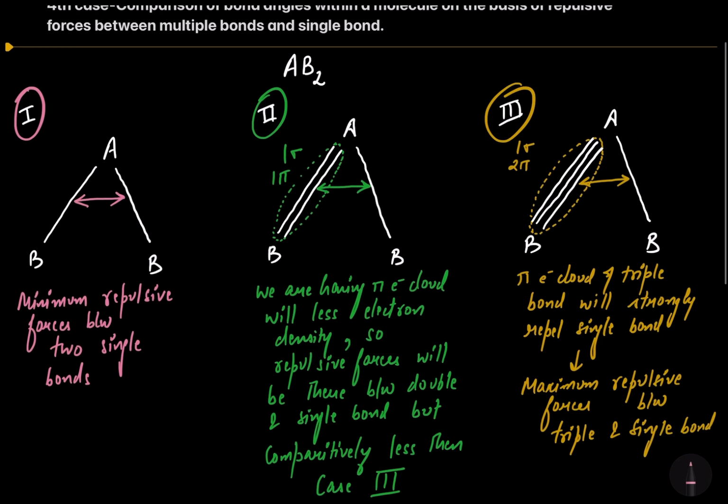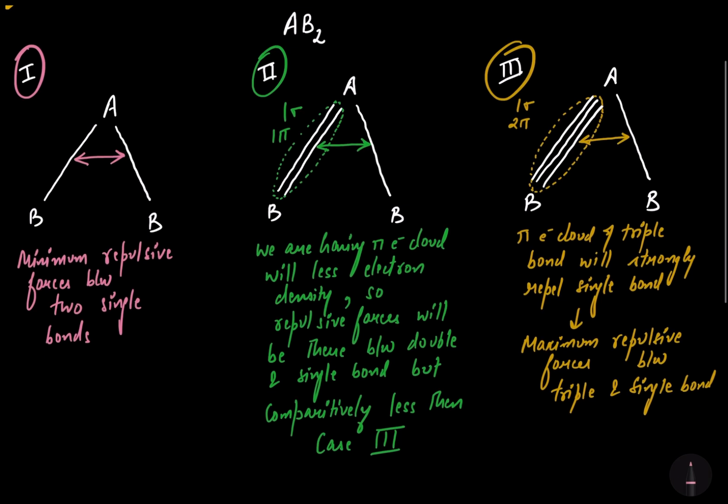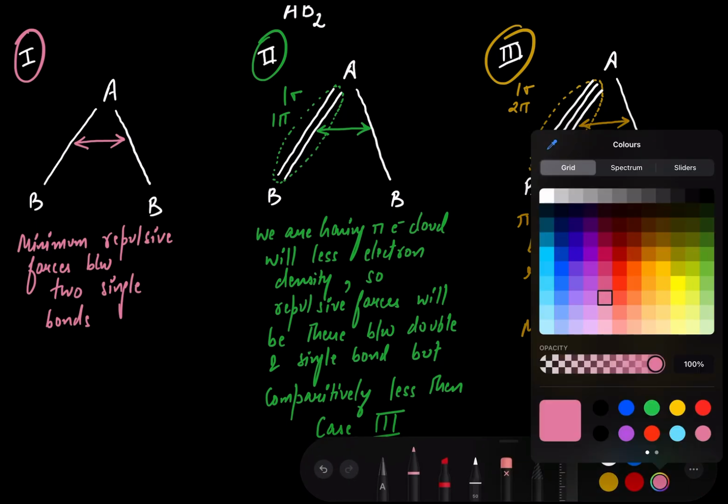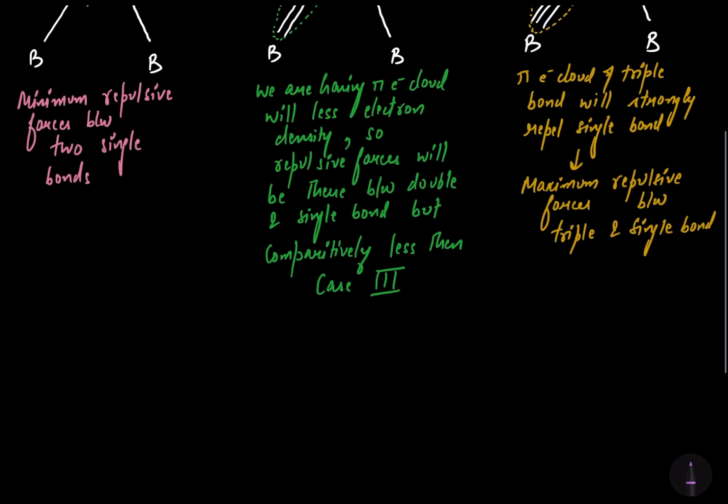So what's gonna happen according to these repulsive forces? Let's talk about the case number 3 first. In case number 3, we are having the maximum repulsive forces between the bonds, due to which the bond angle will expand.